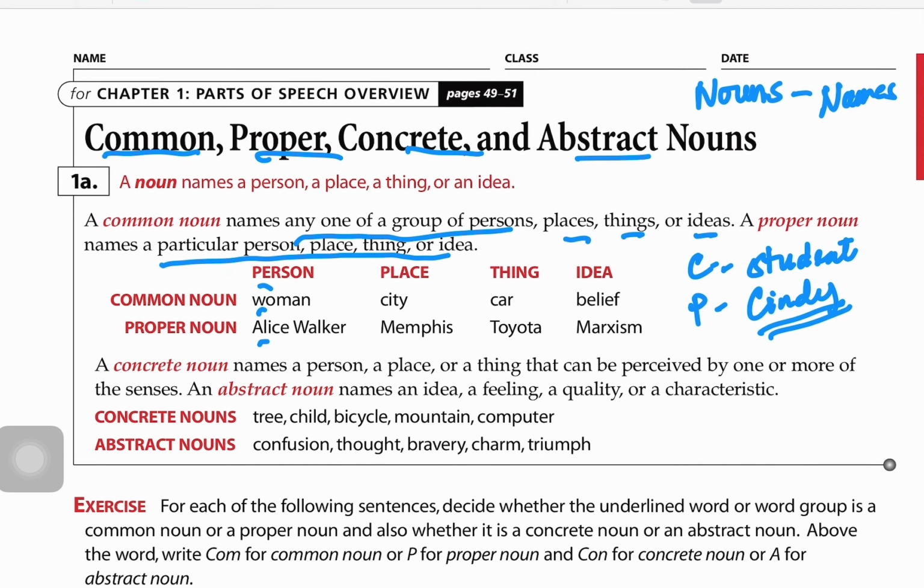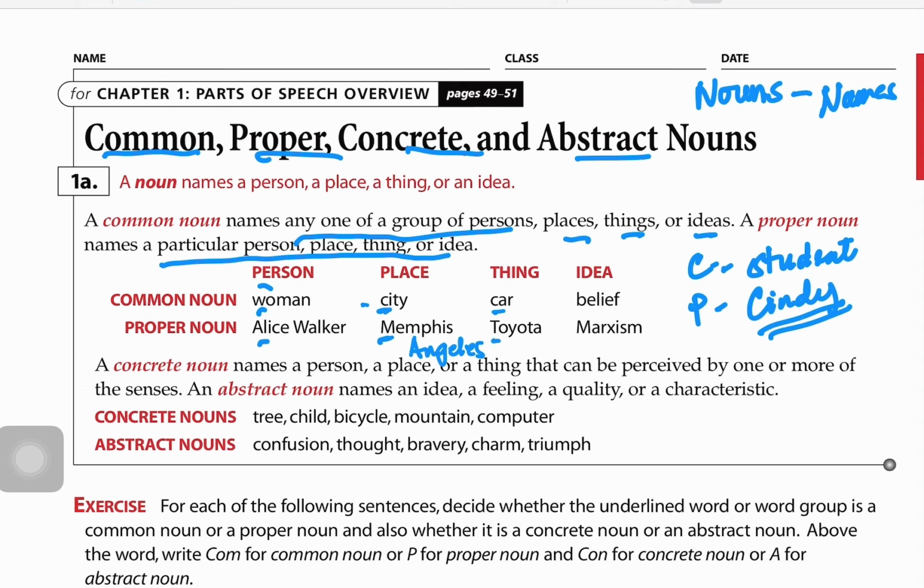Next is a place. City is the common noun with a small letter, and then the proper noun is Memphis. If you're from the Philippines, you could say Angeles. So the first letter is capitalized. If it's a thing, we have a car, small letter c, and then a capitalized letter for the proper noun.